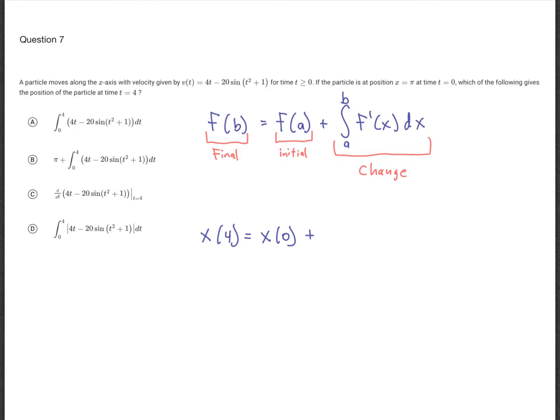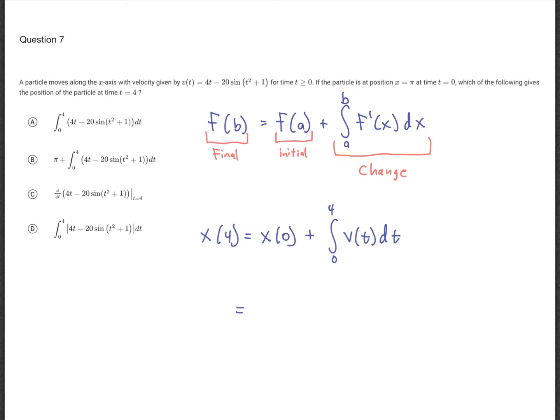And then this initial value goes from t equals 0, and the final value ends at 4. So that's going to be the limits of our integral from 0 to 4. Since these are position functions, we're going to put the derivative of position inside, and that's our velocity. So that's what we're going to type in the calculator.